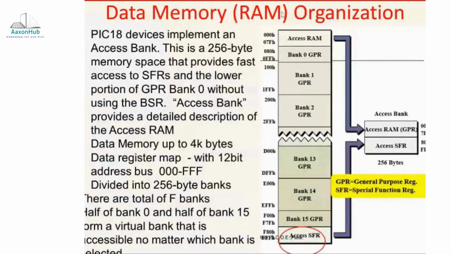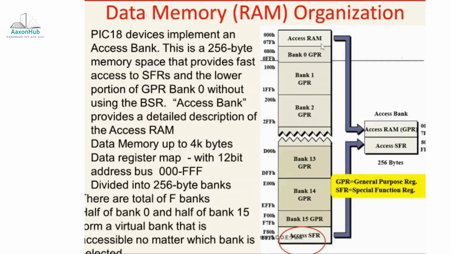Your data memory organization is divided into 16 banks. These banks are accessible with the help of the general purpose register as well as the special function register. Clear? Every bank size is 256 bytes.